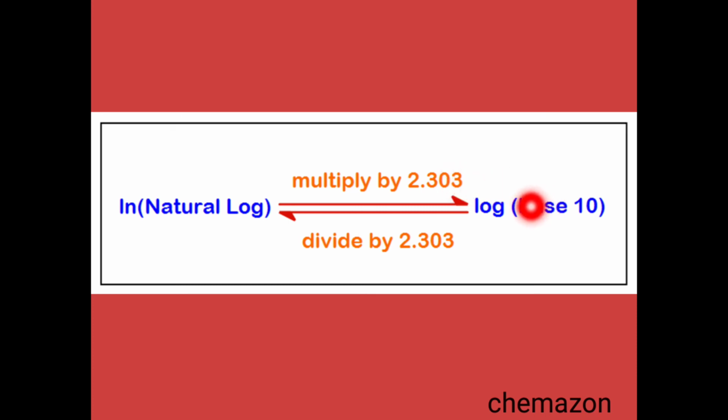And if you want to convert log to the base 10 to natural logarithm, you divide by 2.303. So this is a very, very important slide and a very important concept to be understood, which would be helpful to us in each and every aspect of all the chemistry chapters. How to convert natural log to log to the base 10, and log to the base 10 to natural logarithm.